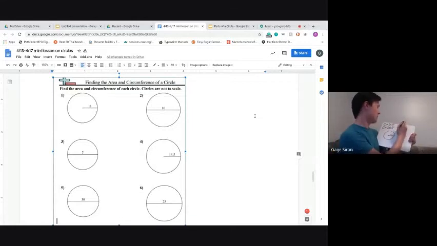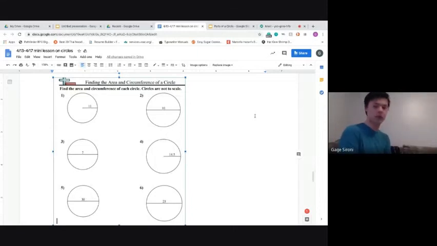That's going to be circumference equals 2 times 11 times pi. 2 times 11 is 22 times pi, which is 22 times 3.14 is 69.08. All right, that's the circumference.